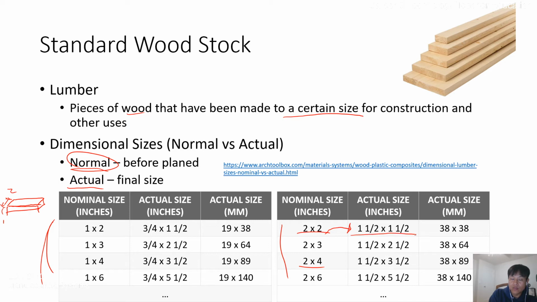If we bring the lumber and measure it, that will be the actual size. I don't know why they made it like this, but according to a certain paper, the nominal size is from the sapwood, that is, before finishing the final size, and the actual size is the final standard size.